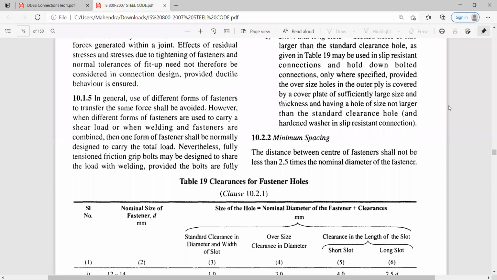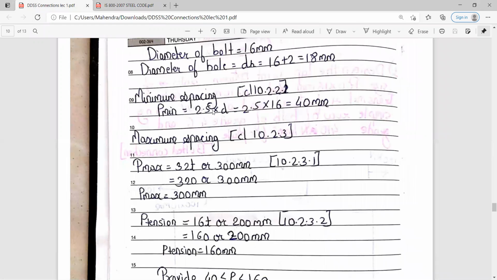See over here, यहाँ पे minimum spacing, the distance between the center of fasteners shall not be less than 2.5 times the nominal diameter, means 2.5 into D. So the formula to calculate the minimum spacing is 2.5 into D. तो हमारा D यहाँ पे कितना है? 16. So 2.5 into 16 हमें मिलता है 40 mm.